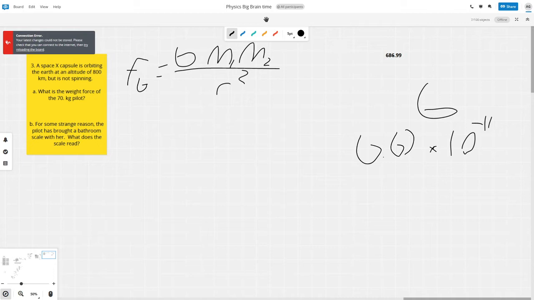Oh, it is. Oh, hold on. That probably won't change it, but that may be why we got different. 800 times 10 to the third, and then that's squared. Ah, okay, so now I got 542. I didn't catch that that was kilometers. Makes sense. I got 542.38. Is that what you got?